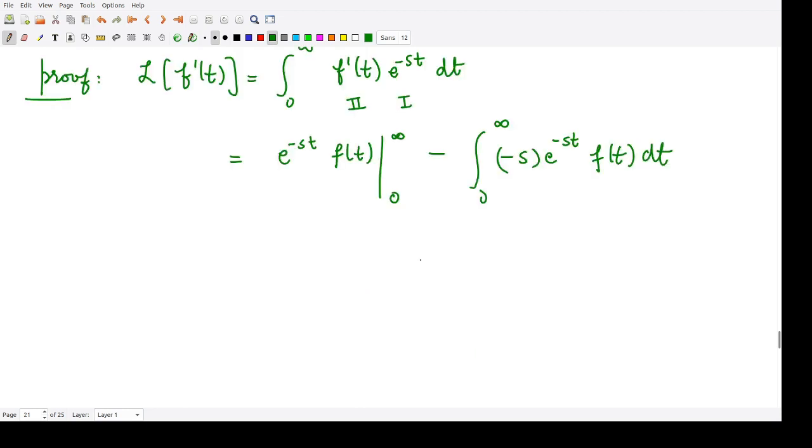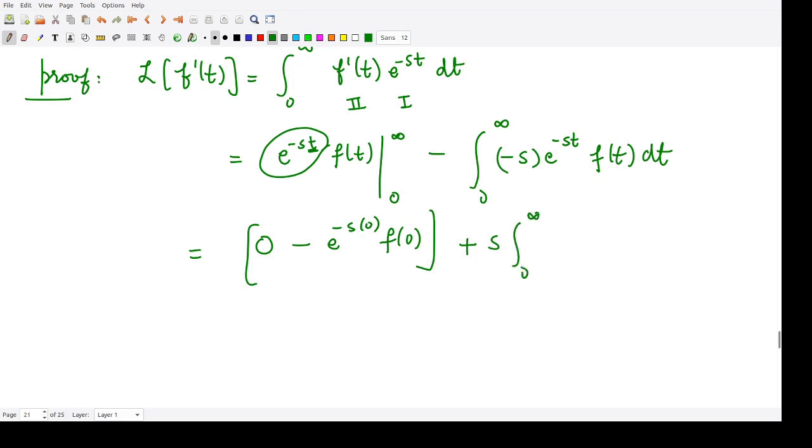So this is what we got. When you substitute t as infinity, this term has e to the power minus infinity, so it becomes 0. When you substitute 0 here, you would have minus e to the power minus s into 0, f of 0. So this is the value of the first term, and for the second term you would have plus s coming outside, and the integral from 0 to infinity of f of t e to the power minus st dt.